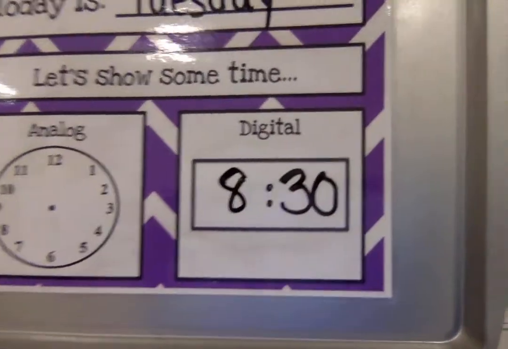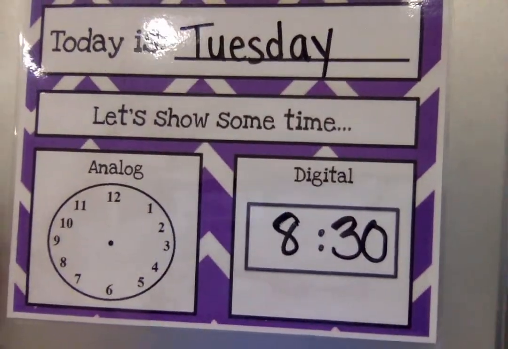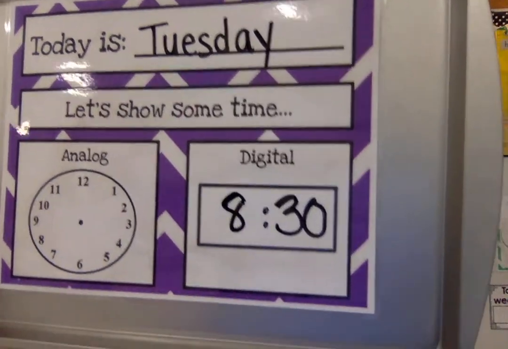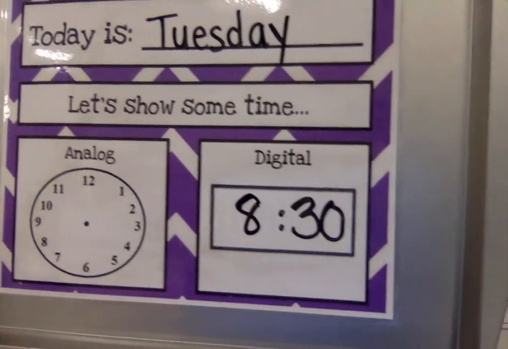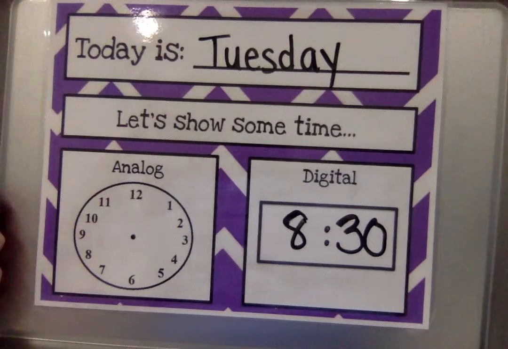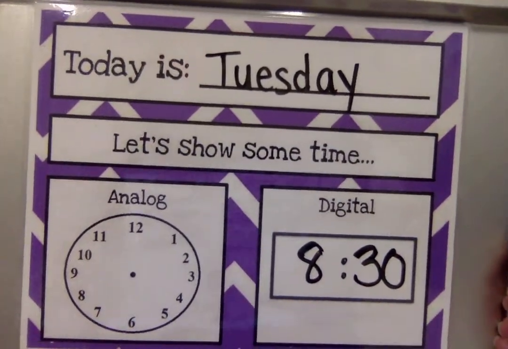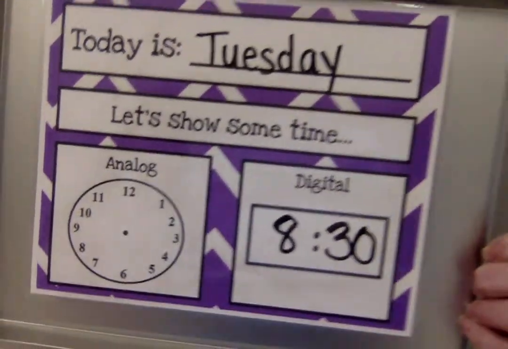Take a look at my digital clock. How could we show this on our analog clock? Think about what minutes we see. What's the hour? If it's on the hour, it's right on the hour for our hand.